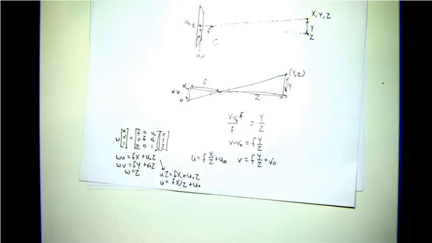Right. So now I can represent this nonlinear equation, fx over z plus u naught, with this linear equation in homogeneous coordinates. And that makes a lot of processing much more convenient for us. So now I can solve a lot of things as systems of linear equations, as we'll get to later.